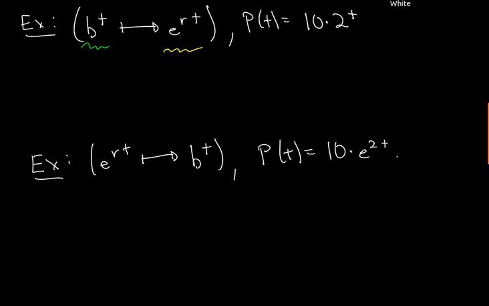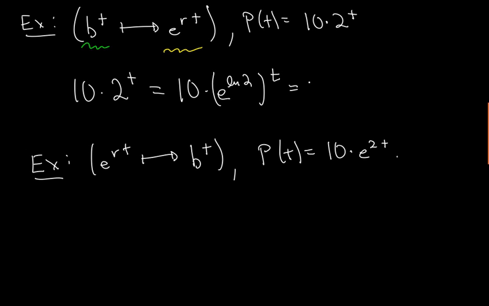So you have p of t equals 10 times 2 to the t. The initial value is 10, and the base is 2. You want to write it as e to the rt. Just using rules of logs, 2 is equal to e to the ln 2. But we're raising that to the t power, so this is equal to 10 times e to the ln 2, times t.